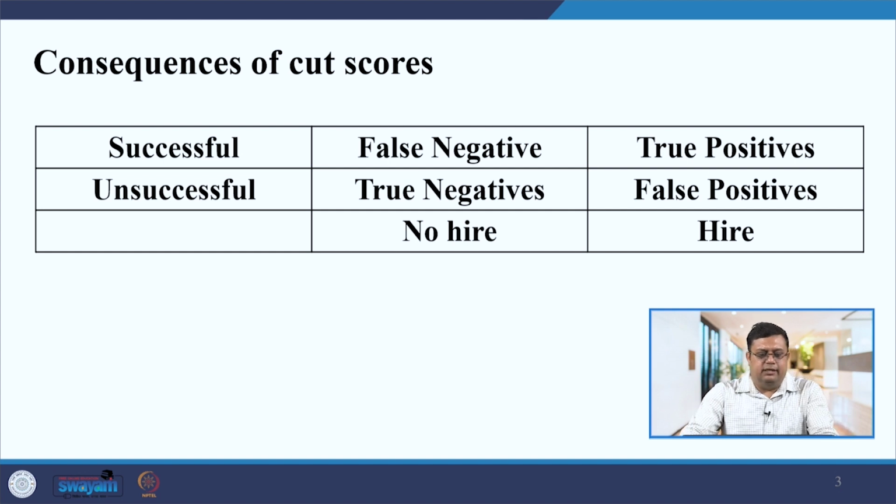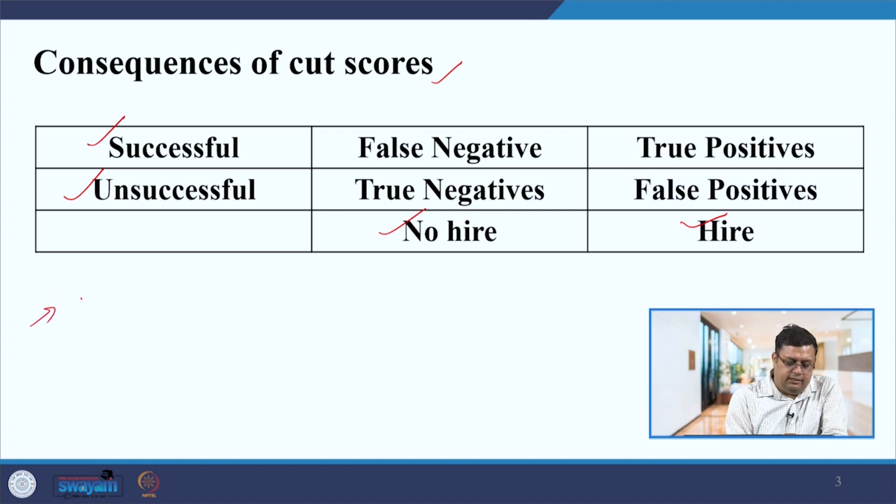In order to understand the consequences of cut score, we can develop a 2 by 2 matrix. On one side we can write successful and unsuccessful, and no hire and hire, right. Let us take one example.